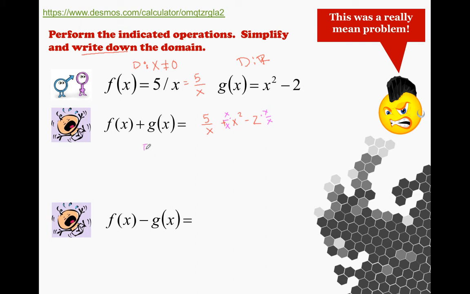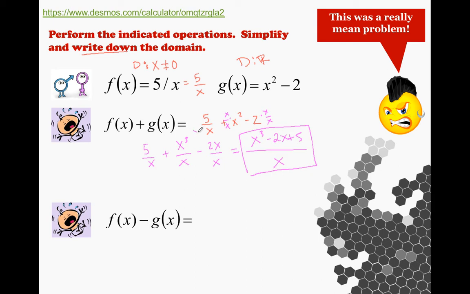Then I'm going to have 5 over x plus x cubed over x, common denominator, minus 2x over x. Then we can combine and rearrange, highest power first: x cubed minus 2x plus 5 over x. That's my final answer.